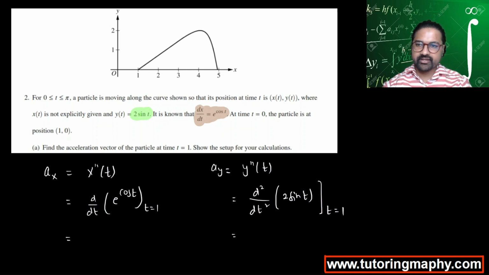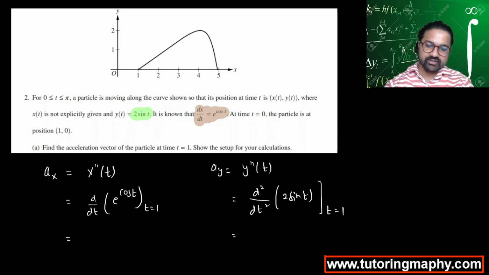So x is e raised to cos t, and the value of dx over dt, that's what we are looking for. So let's call it f(x), and this is f prime 1, right? F prime 1, that's what we are looking for. So this is x, so we got the value of f prime 1.